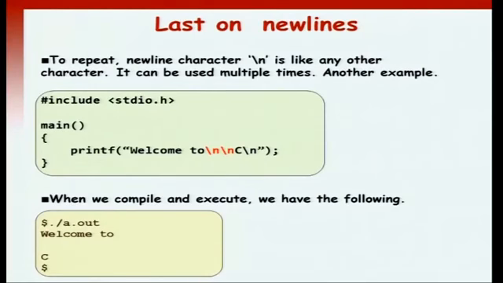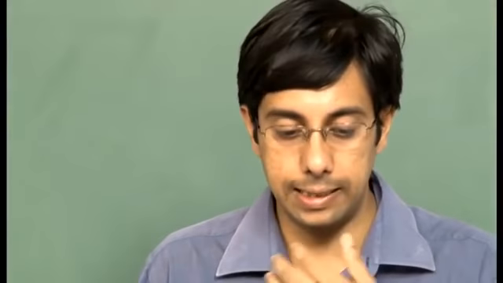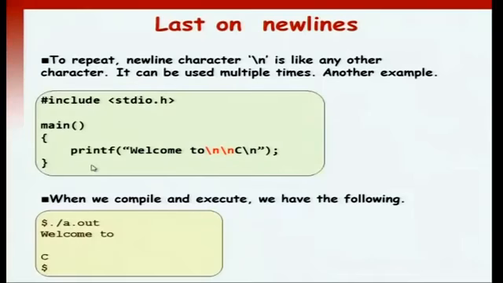So let's conclude by saying one more thing about new lines. The new line character \n is like any other character, and you can use it multiple times even within a single message. For example, if I do the same program, but let's say I have "welcome to\n\nC\n".